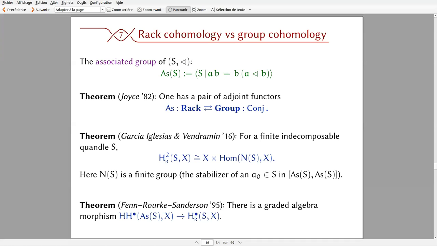Now, in general, if you want to understand cohomology in higher dimensions, the only thing we can say is that there will be a map between the group cohomology of this associated group and the rack cohomology of your quandle. The existence of this map is very natural from these rack space ideas, because on the right you have the homology of your rack space, and on the left is just the fundamental group of this rack space.